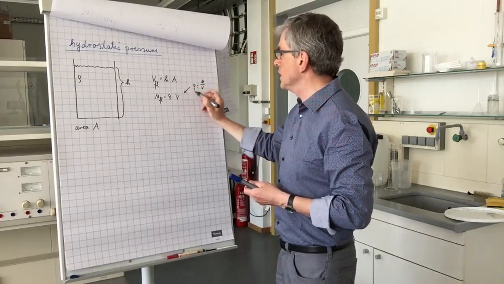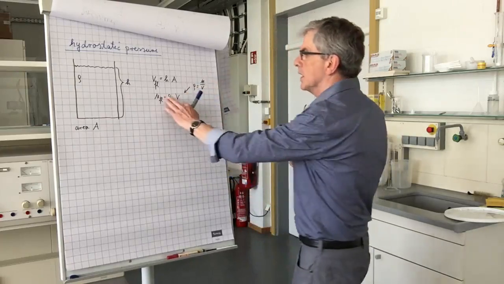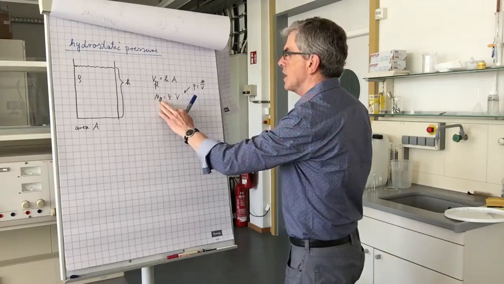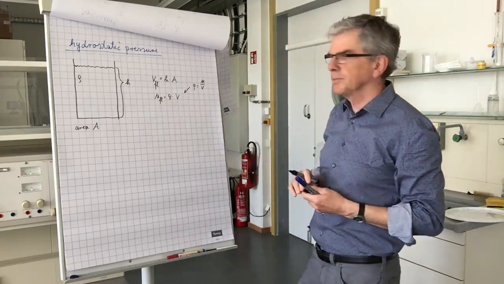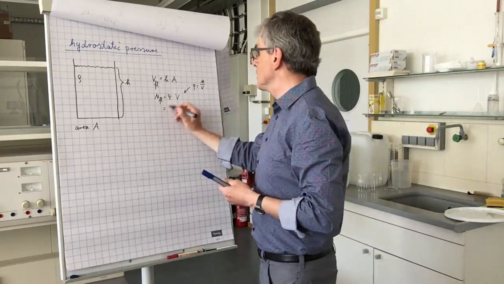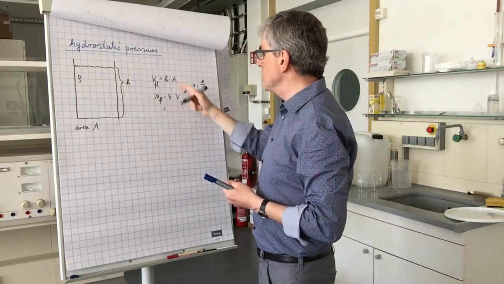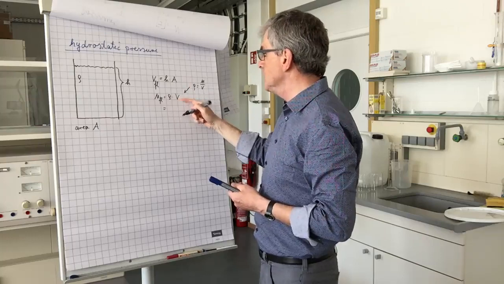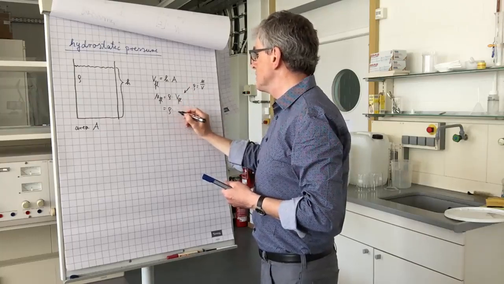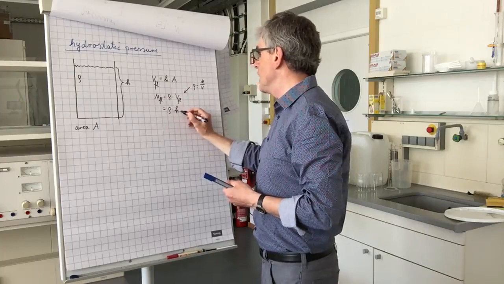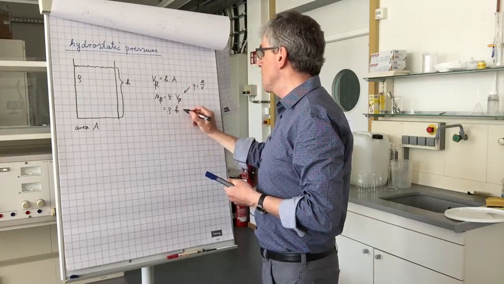And that is going into this equation. We can express the mass of the fluid as rho times the volume. Now we can put this equation here, and at this point, then we have the density rho times h times A.